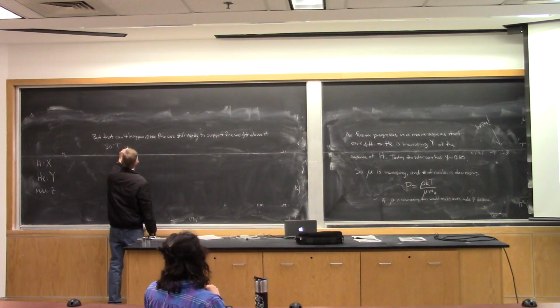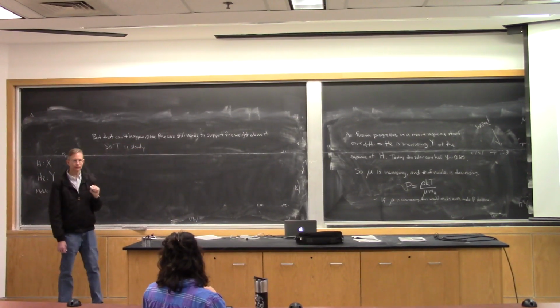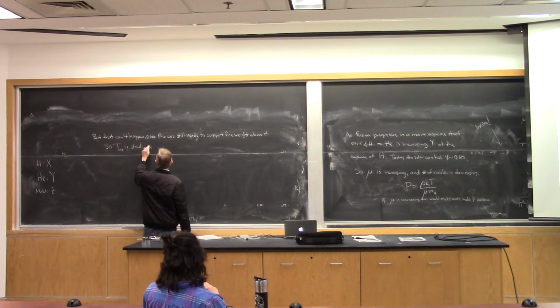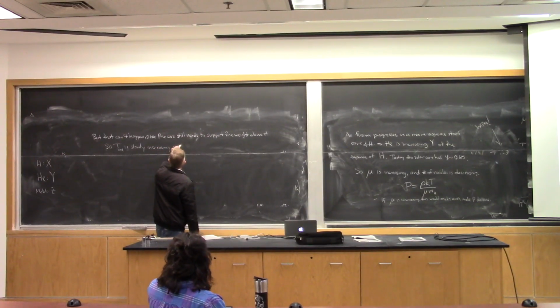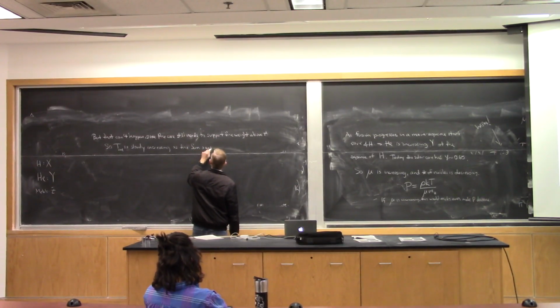So T is slowly increasing as the sun ages. T in the core is slowly increasing as the sun ages.